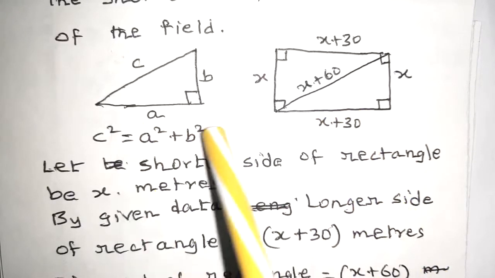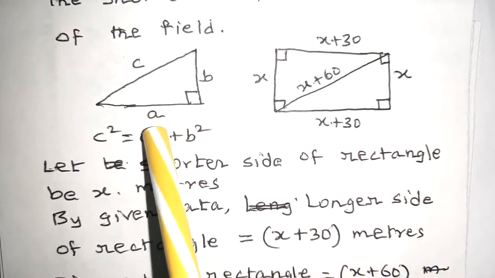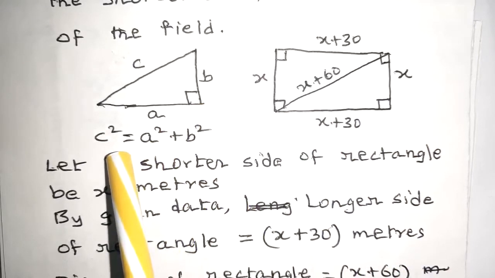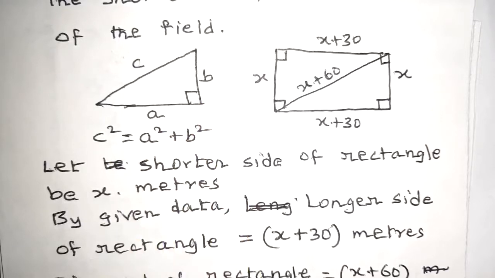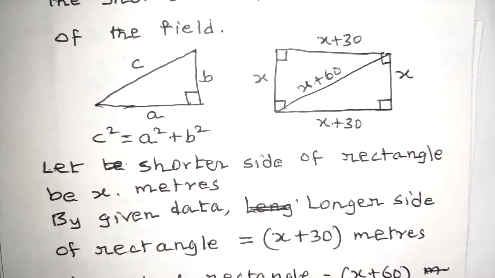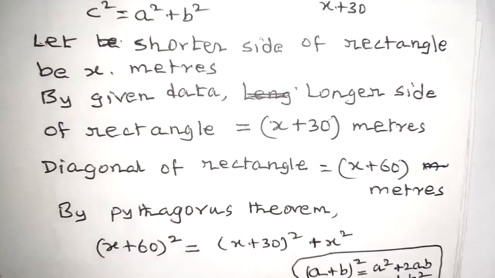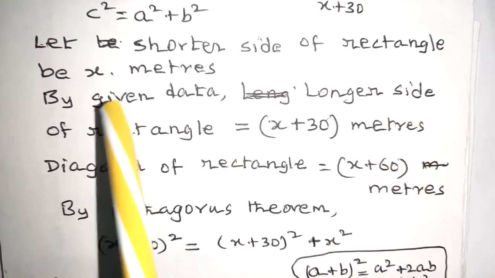Now, if this is in the form of a right angle triangle, in a right angle triangle, we can write c square equal to a square plus b square by Pythagoras theorem. Now we write, let the shorter side of the rectangle be x.